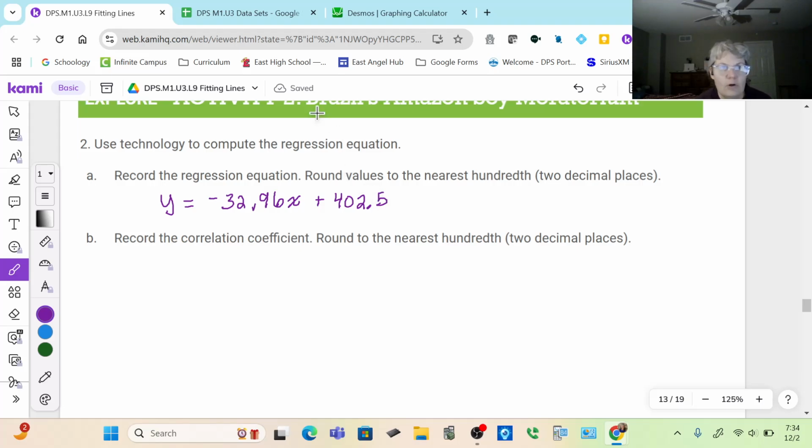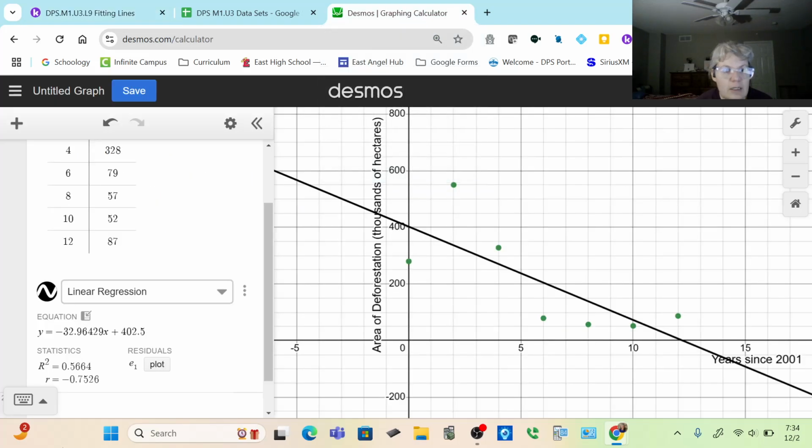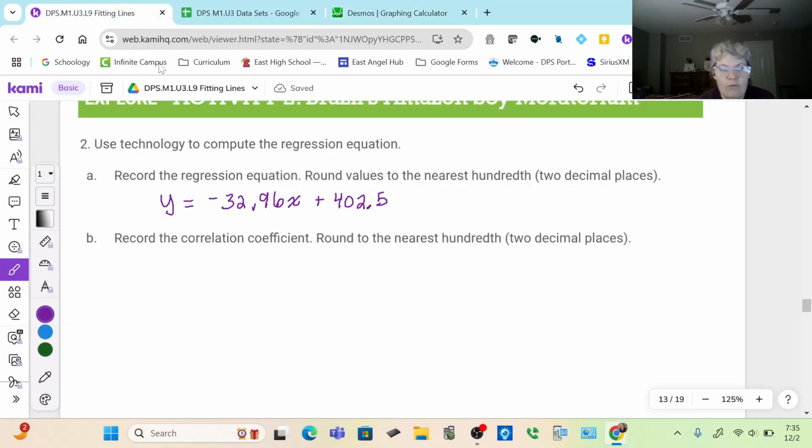So I'm just going to go back to that Desmos real quick, make sure that that's what the equation looked like. Negative 32.96 if I just go to 2 places, plus 402.5. And while I'm here, just double checking that R value is negative 0.75. I believe that one also says 2 decimal places. So we're going to say that R equals negative 0.75.